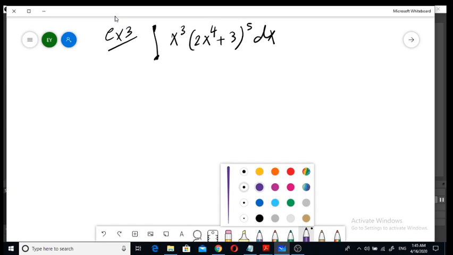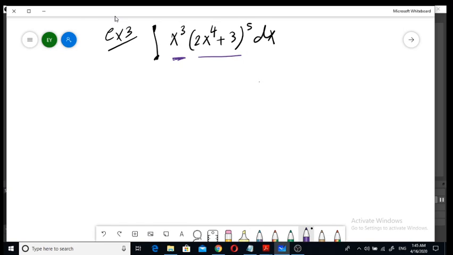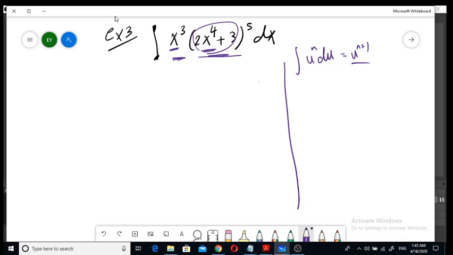If we need to find the antiderivative of this, again we have a product of two functions, and the second function is a composite function. So we need to find out whether the other function is the derivative of the inside function or not. So we are going to apply the substitution method: the integral of u to the n du is u power n plus 1 over n plus 1 plus c. So we need to identify u and du.